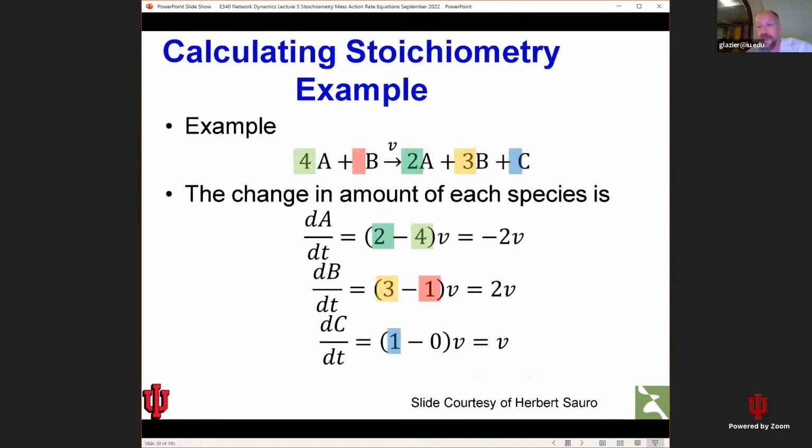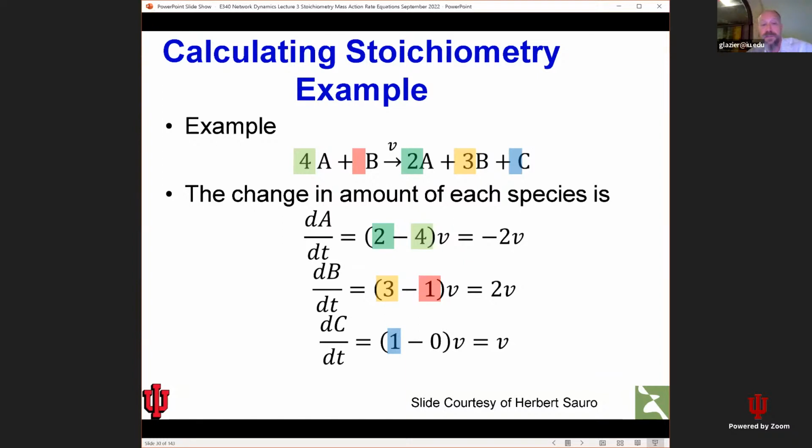So let's take some example for this. Suppose I have 4 A's plus B goes to 2 A's plus 3 B's plus C. Well, I have A on both sides. So my species stoichiometric coefficient is 2 on the right-hand side minus 4 on the left. So the net rate of change of A will be minus 2 times V, the velocity of the reaction.